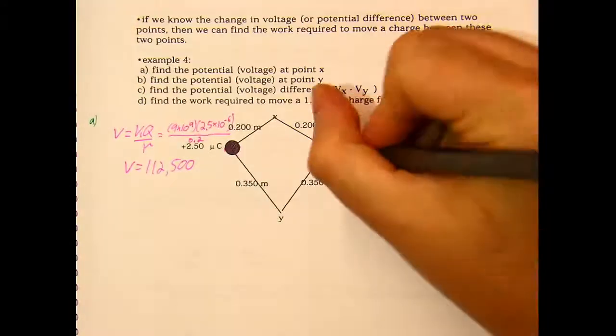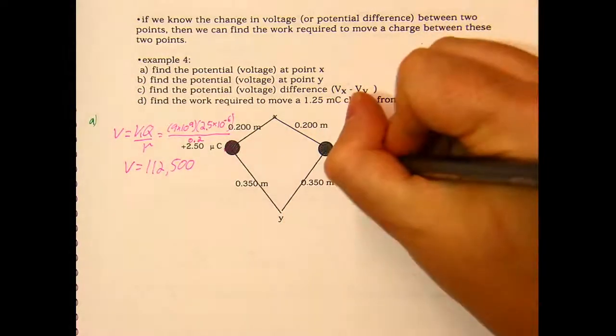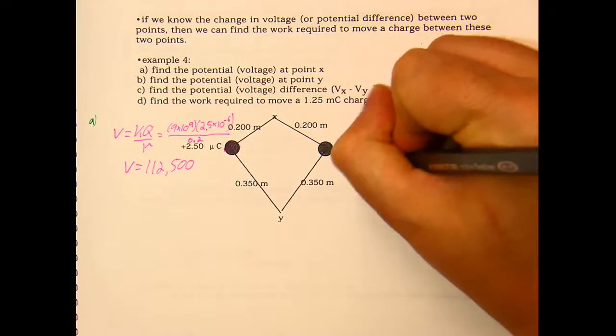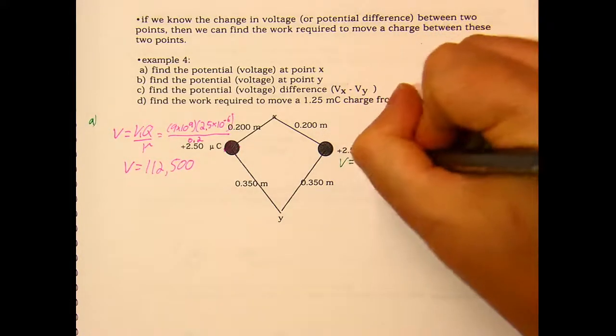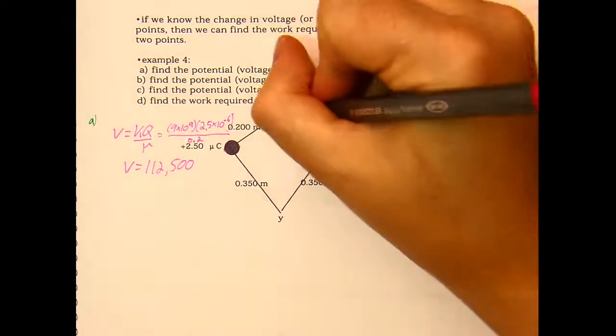We can see that this guy over here is exactly the same. That's part A. We can see that the distance is the same, the charge is the same. So the voltage here from this guy is going to be 112,500. So voltage sums just like energy would.